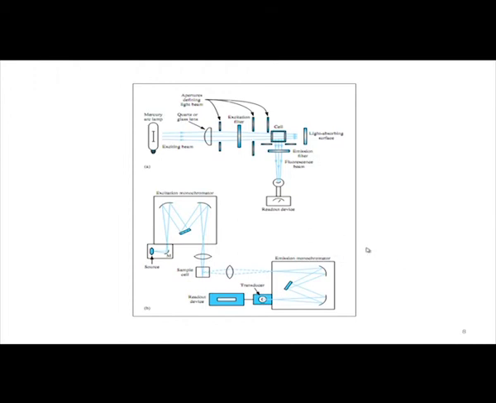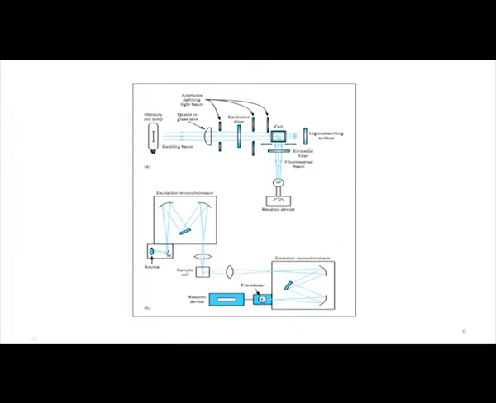In our previous class we saw how we use this. We have a mercury arc lamp for the excitation. This is the more simplified setup; a more advanced instrument uses an emission monochromator.